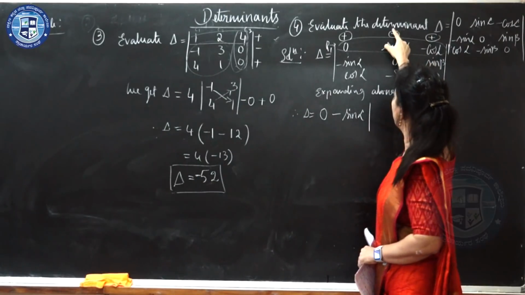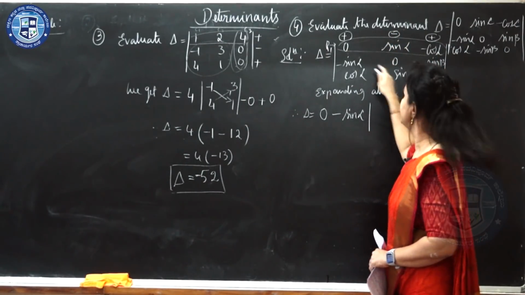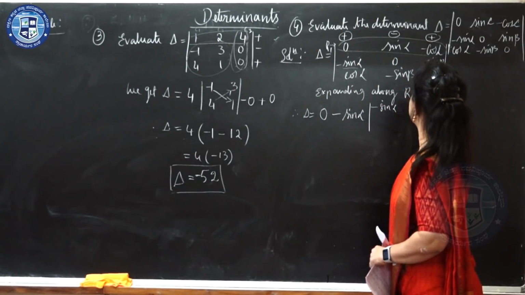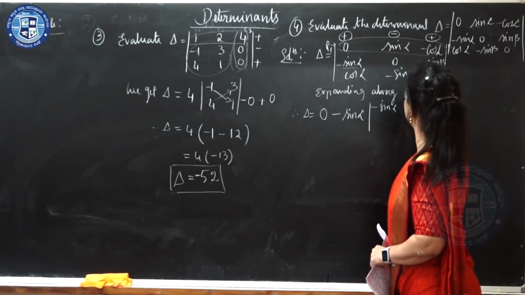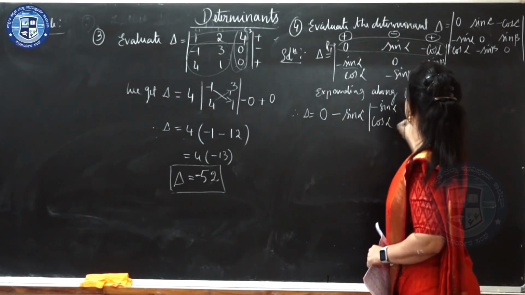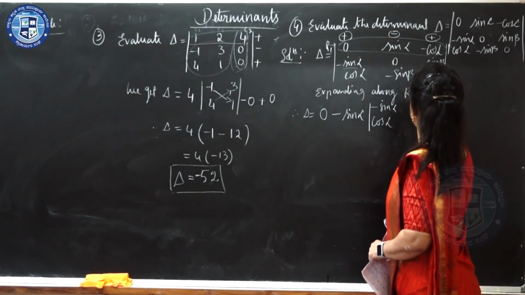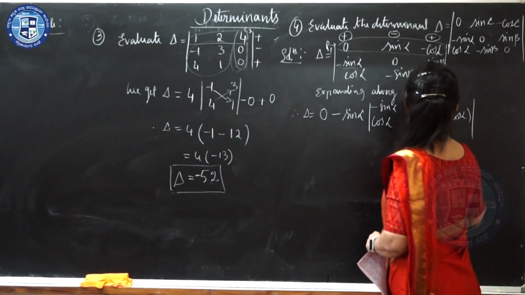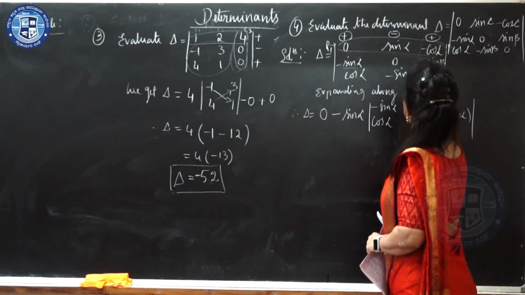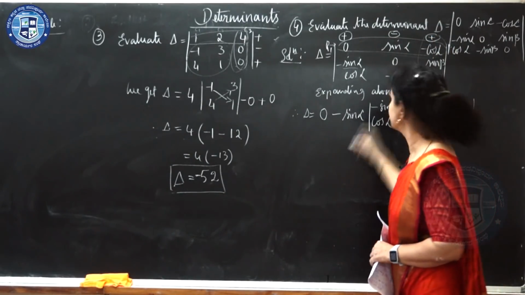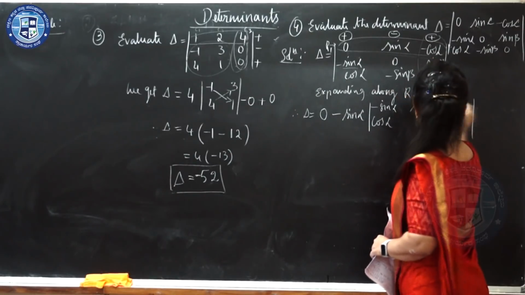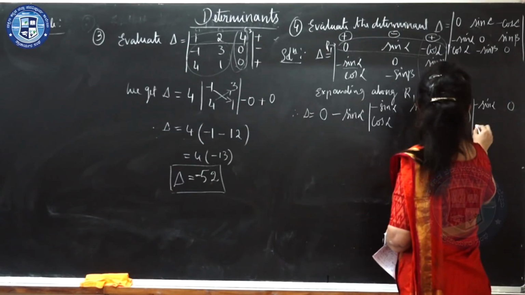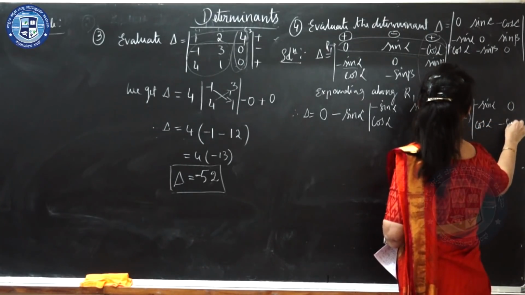So it is first row and second column when we delete, so that we have the elements minus sin alpha, sin beta, cos alpha 0, plus the third element is minus cos alpha, into determinant of, delete the row and column where minus cos alpha is. So it is the first row and third column. When you delete, the elements are minus sin alpha 0, cos alpha, minus sin beta.